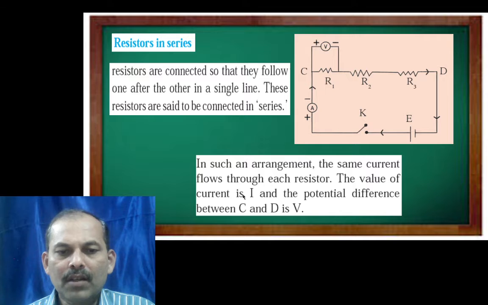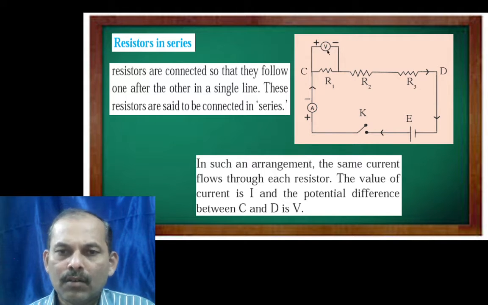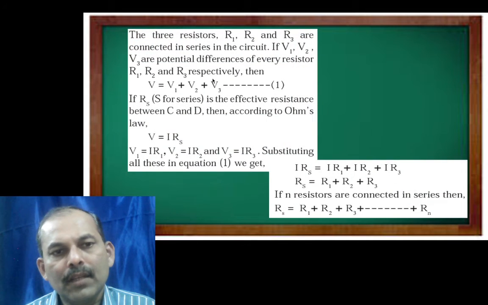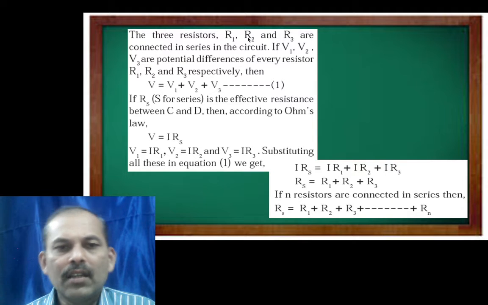The value of current is I and the potential difference between C and D is V. From here to here, if you measure the potential difference, it will be V, and the current we are passing through these resistances is I. The three resistors R1, R2 and R3 are connected in series in the circuit.